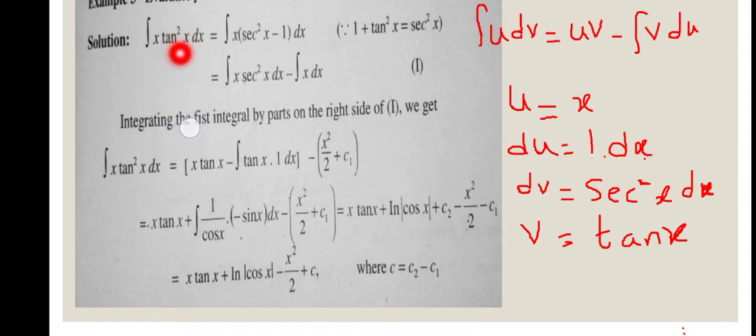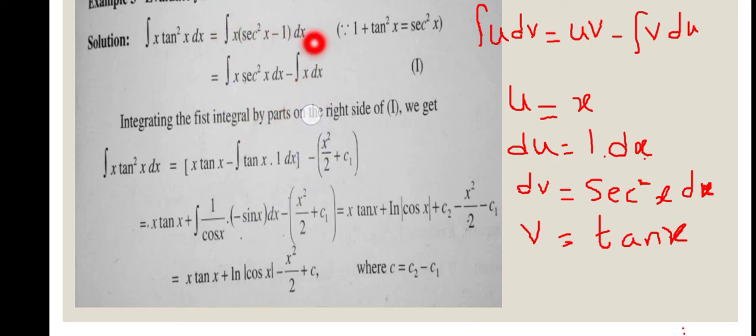Substitute secant square x minus 1 in place of tangent square x and write integration x secant square x minus, separately apply integration after multiplying x on both sides of the minus sign: integration x secant square x dx minus integration x dx.